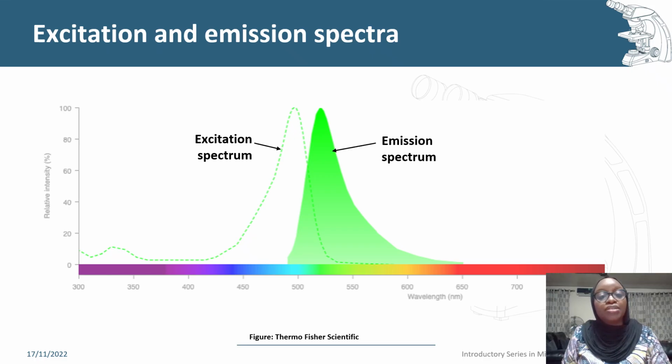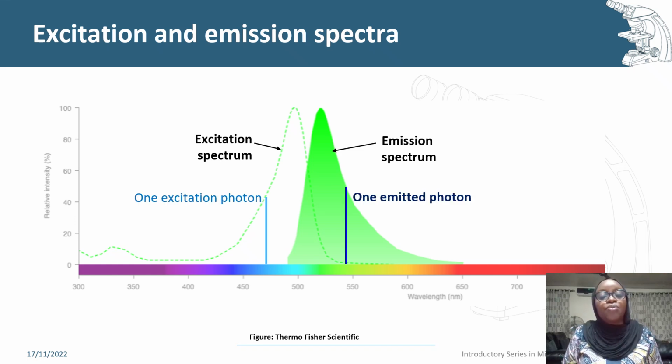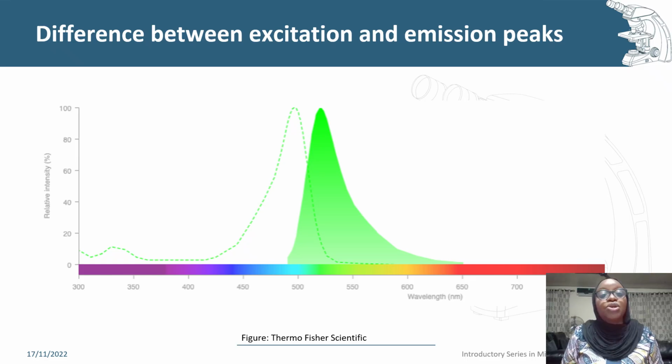That is, you can see the excitation spectrum of 450 and the emission spectrum. One excitation photon is seen at exactly 450. The difference between the excitation and emission peak is referred to as Stokes shift.